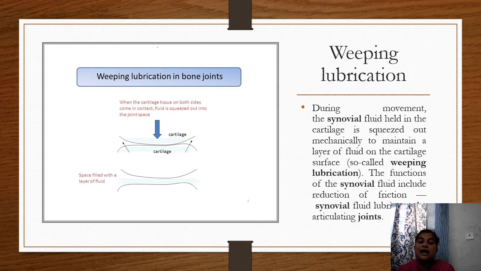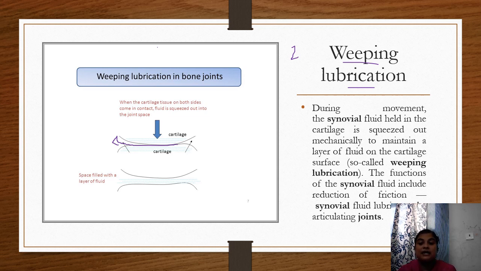Now the last part is weeping lubrication. What is the meaning of weeping lubrication? This can be a 2 marks question. You can see the articular cartilage here, and here the synovial fluid is present. If you move your bone to one side, the synovial fluid can squeeze out to the other side. The squeezing of synovial fluid from one side to another is called weeping lubrication.